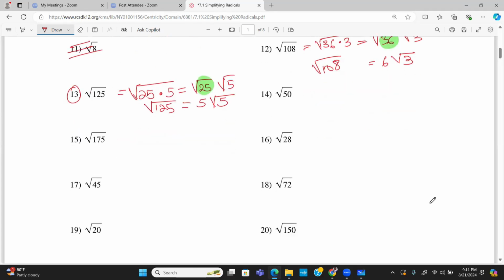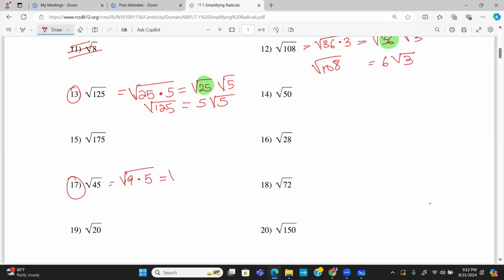Let's take a look at number 17. For number 17, what we're looking at is the root of 45. The largest square number that is a factor of 45 is 9. So I could rewrite the root of 45 as 9 times 5.